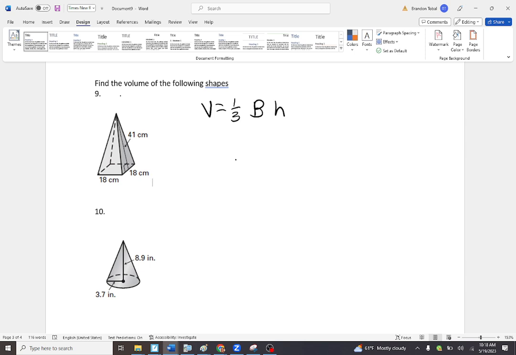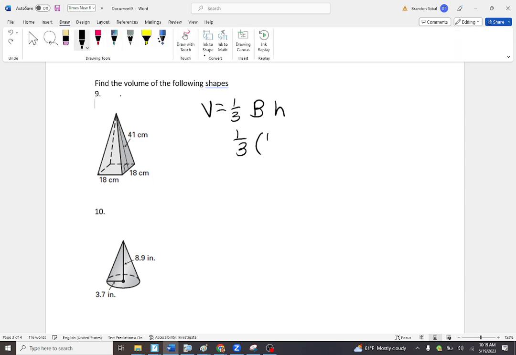For a square pyramid in particular, it's 1/3 times the base, and the base of this pyramid is a square. So it's going to be side squared. And because it's a square on the bottom, I replace the B with the formula for a square, which is S squared. On your test, you'll get both parts.